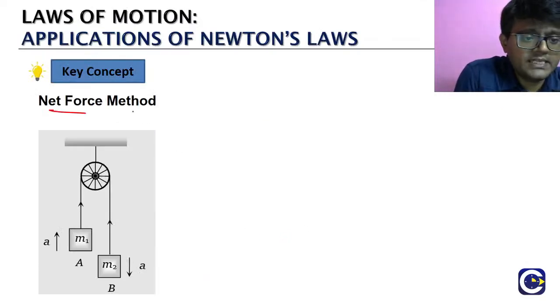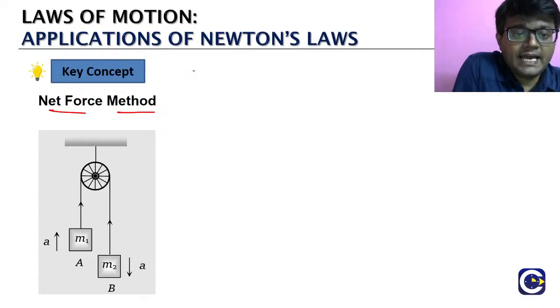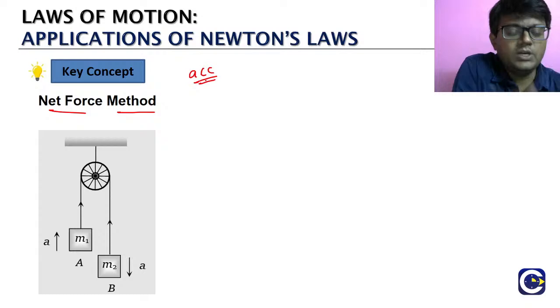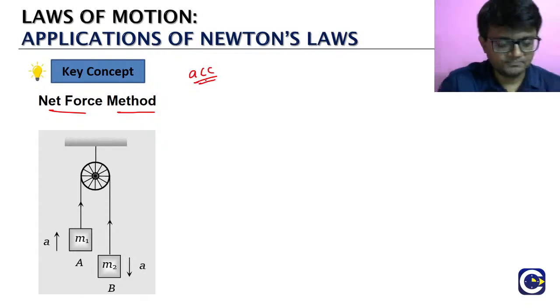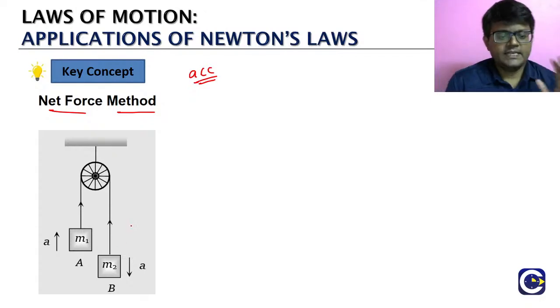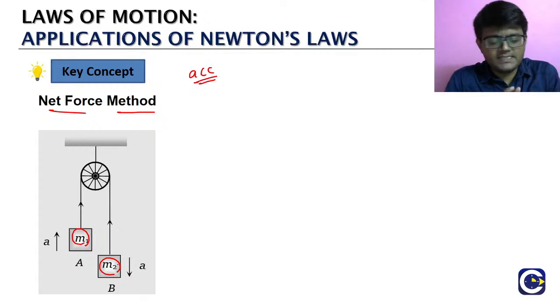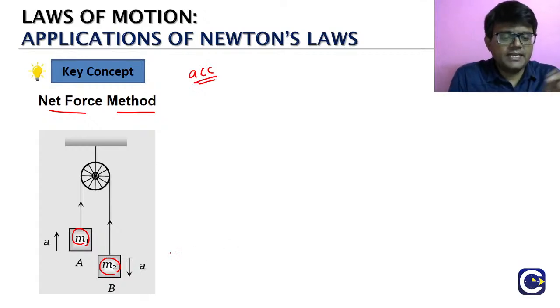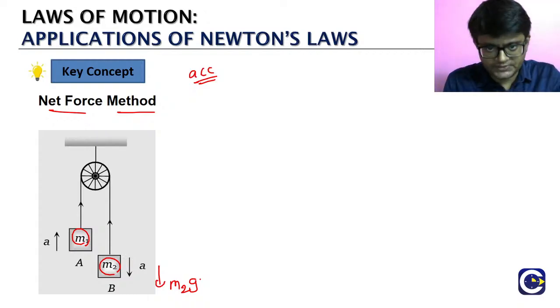As I said, it is a shortcut method to find the acceleration of these pulley and mass kinds of systems. Now see, say there is a mass m1 on one side and a mass m2 on the other side. The weight acting on m2 will try to pull m2 downwards.